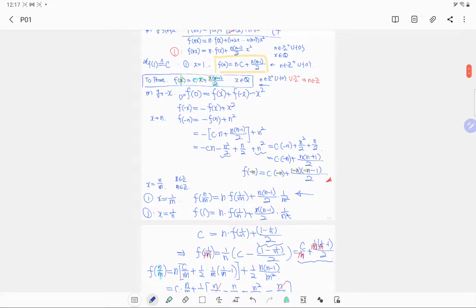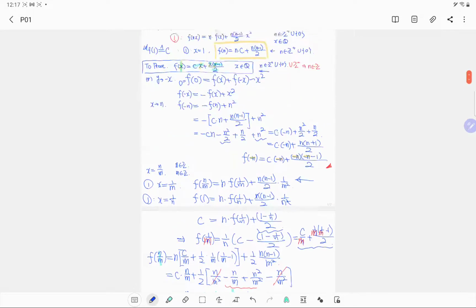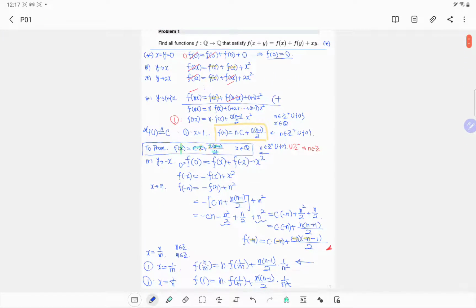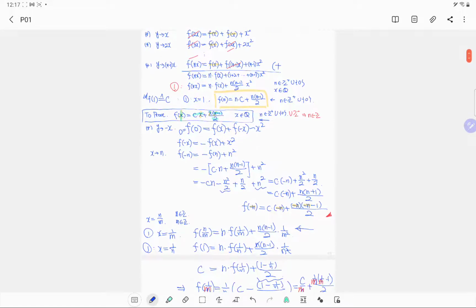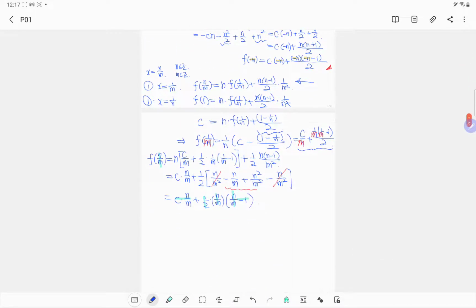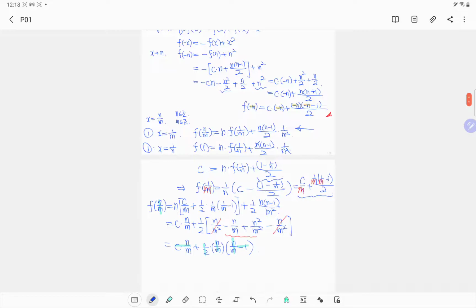For equation 1, n is an integer, it's okay, so we make use of this. So n over m is any rational number.